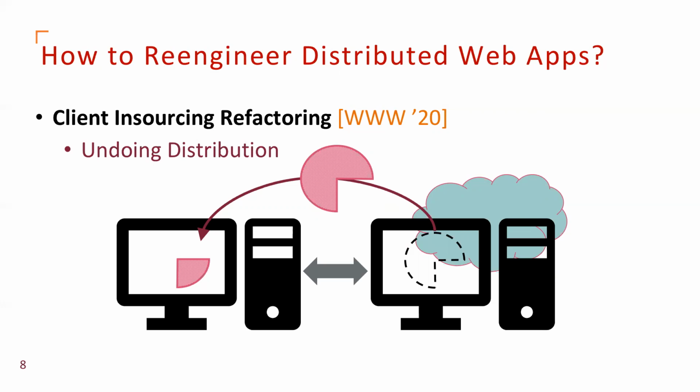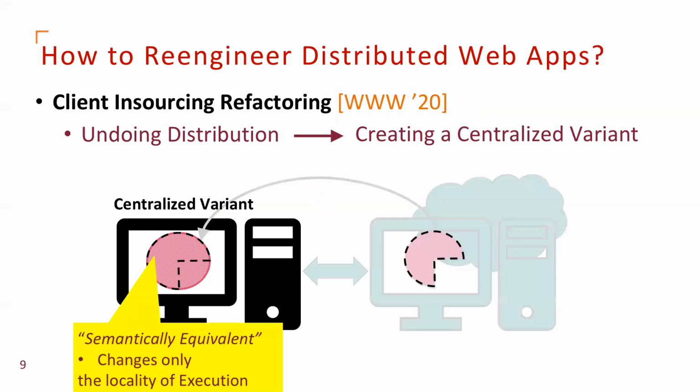After that, client insourcing creates a centralized application. We can say that this centralized version is semantically equivalent because this operation only changes the locality of execution without any modification of the application functionality.